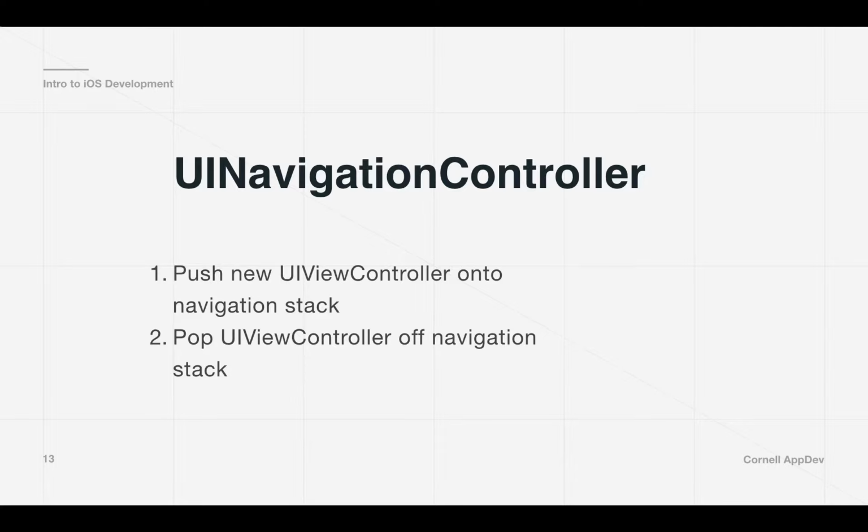A stack is last in, first out. That means the first view that you put on is going to be at the bottom of the stack. If you present a new view, that's going to be at the top, and that's what you see. And then you can pop that off, so now the first view that you initially saw is presented. We'll have more examples of this later.